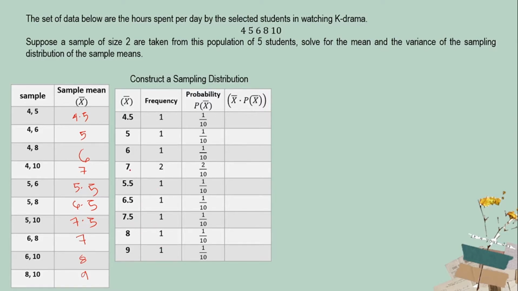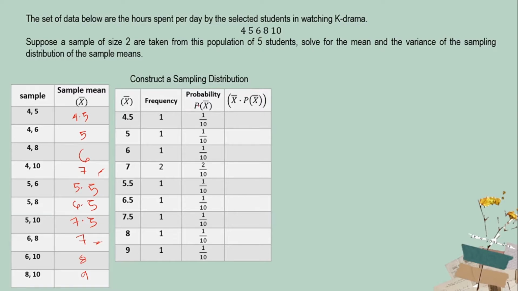So 7 appeared twice in the sample means, so the frequency would be equal to 2. Now for the probability, since 4.5 has a frequency of 1, then the probability would be 1 over 10. Then the same goes with the other sample means except 7, since it has a frequency of 2, then the probability would be 2 over 10.